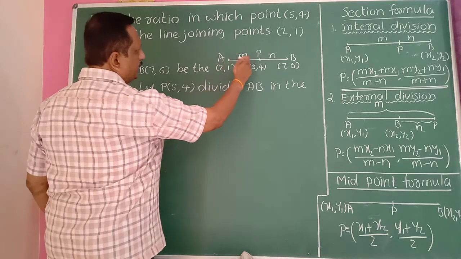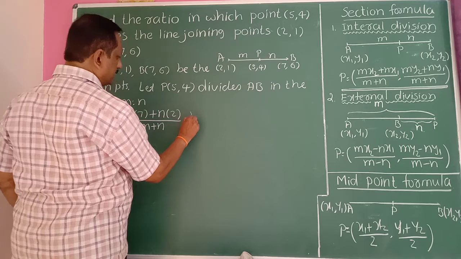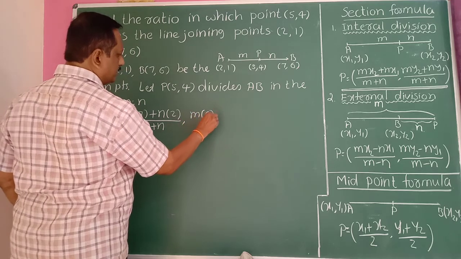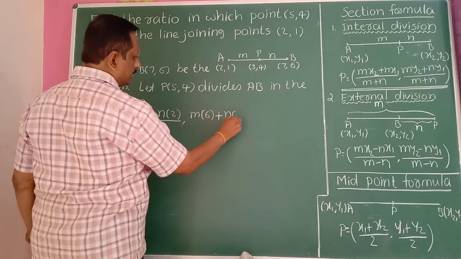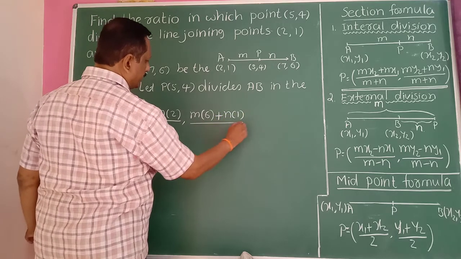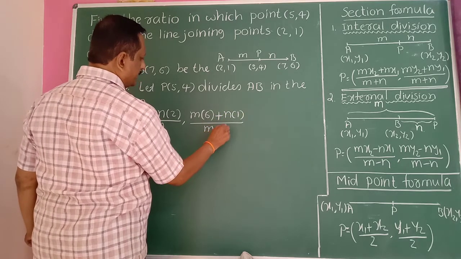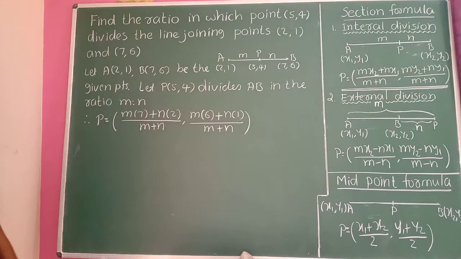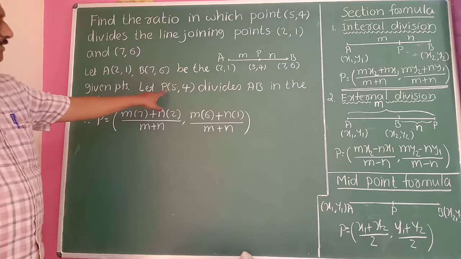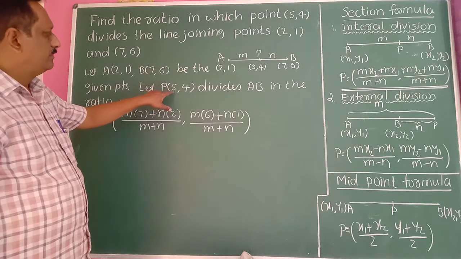Similarly, take y coordinates now: m into 6 plus n into 1 divided by m plus n. So this is, by the section formula, the coordinate of the point P. But they have already given that the coordinate of the point P is (5, 4) here.